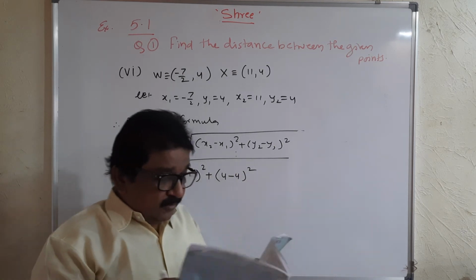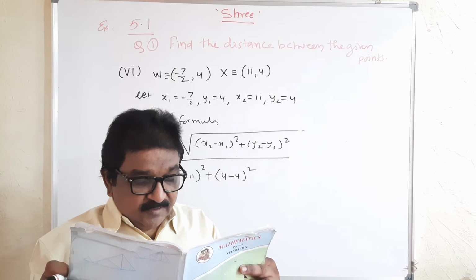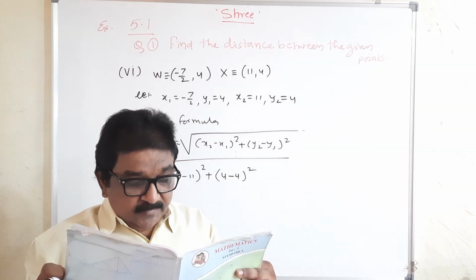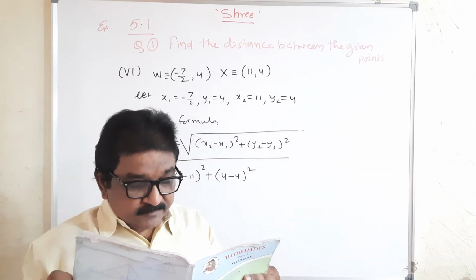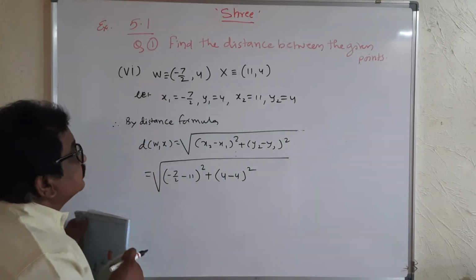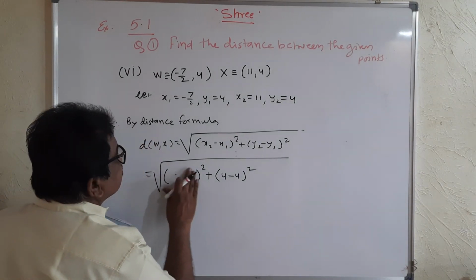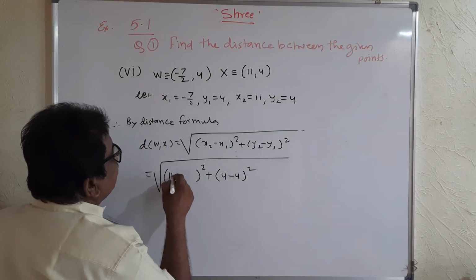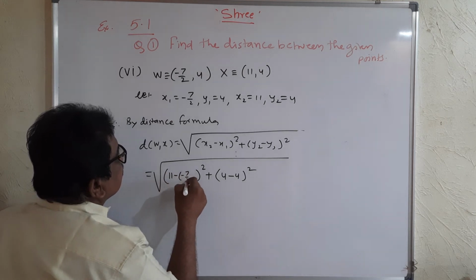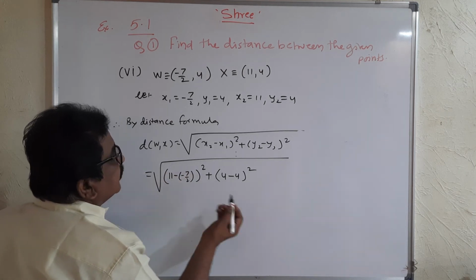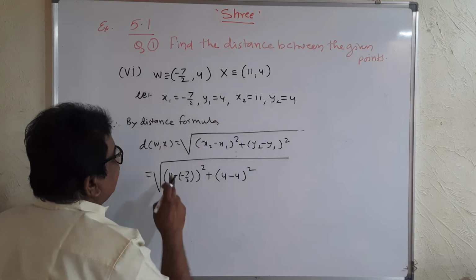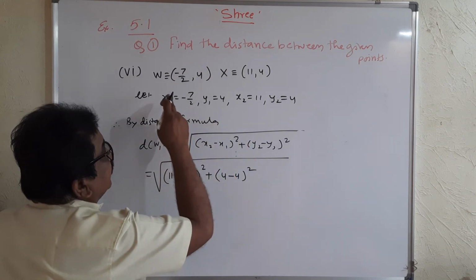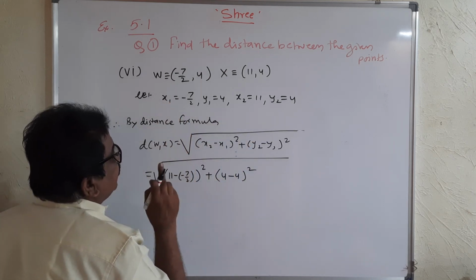Let us check the coordinates one more time. Yeah, x2 is 11, sir. This happens always. So x2 is 11, x1 is minus 7 upon 2.